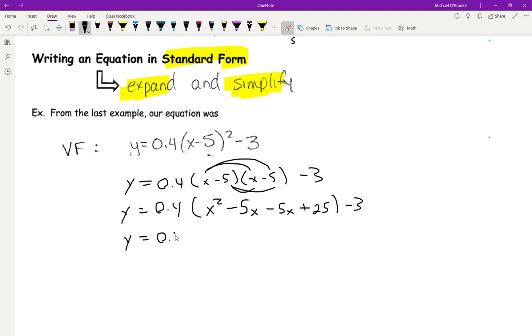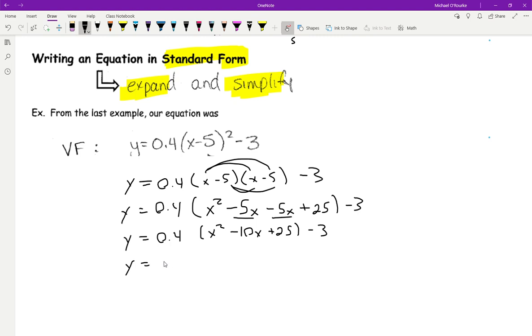Y equals 0.04. Collect these terms. And then, this is going to be an ugly number.